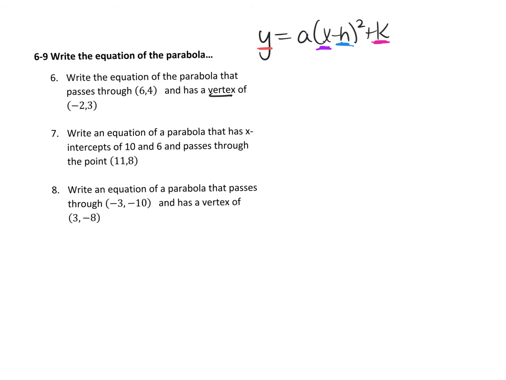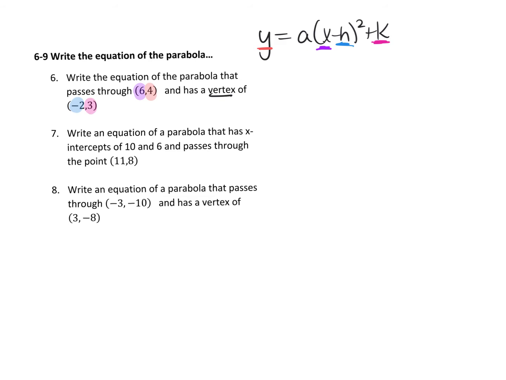Okay, my h, let's use a highlighter here, is negative 2. The vertex of negative 2, 3. My k is 3. My x is the 6, x comma y, and my y is 4.